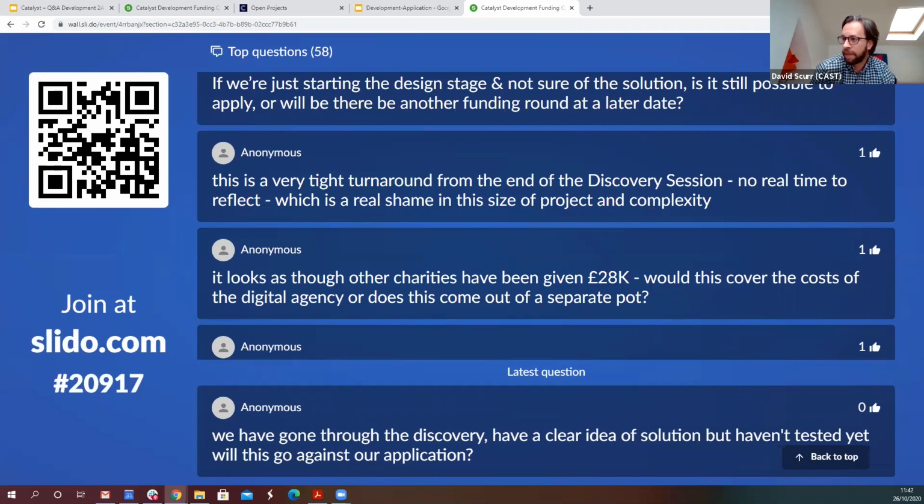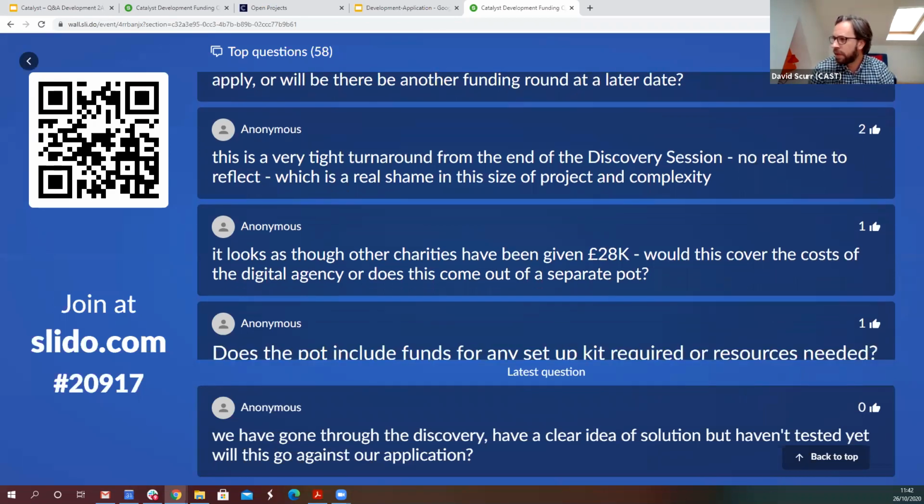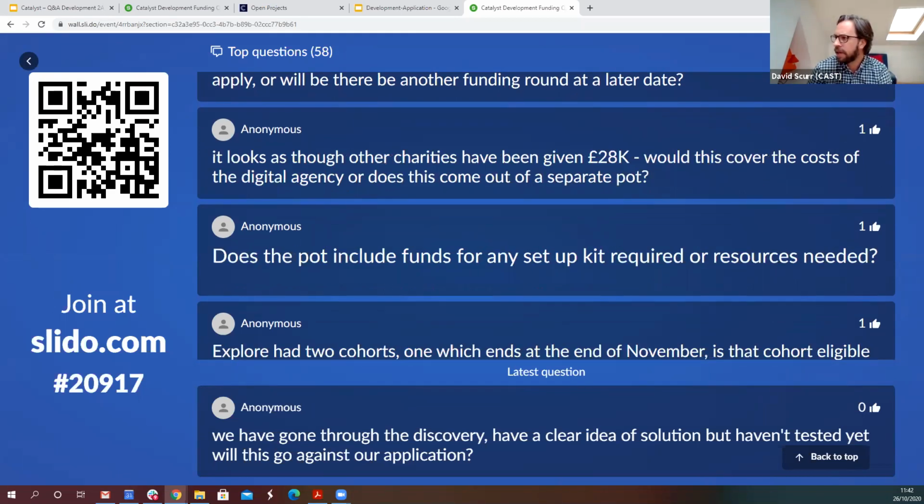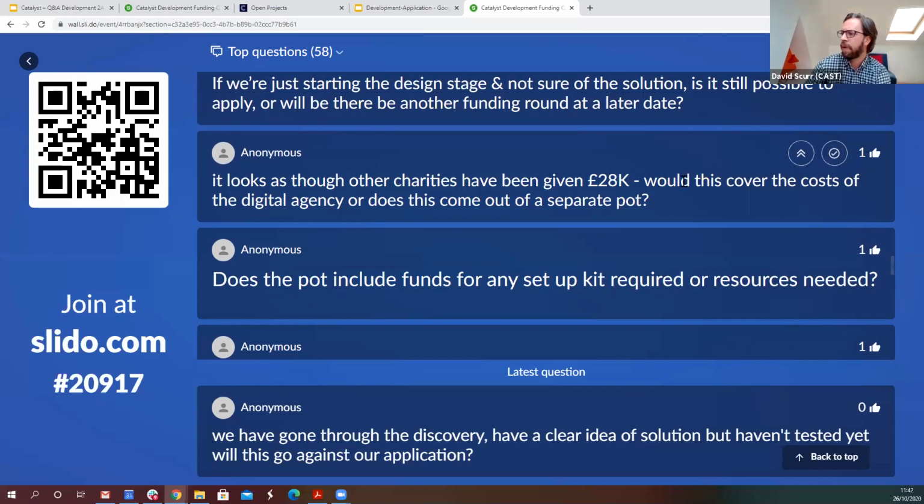It looks as though other charities have been given 28,000. Would this cover the costs of the digital agency, or does this come out of a separate pot? Yeah, so in case it's not clear, the £28,000 is separate. It's funding that's ring-fenced to cover the digital development costs and the work of the digital partner.